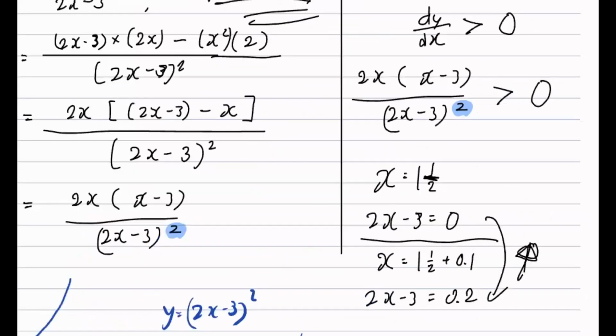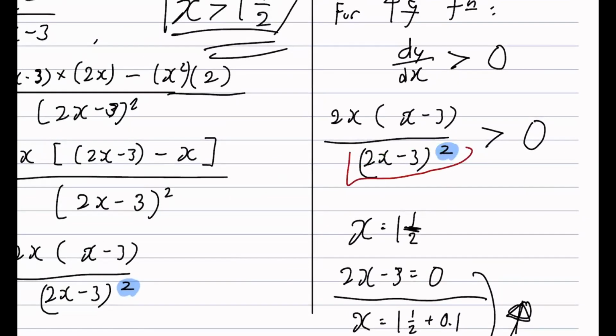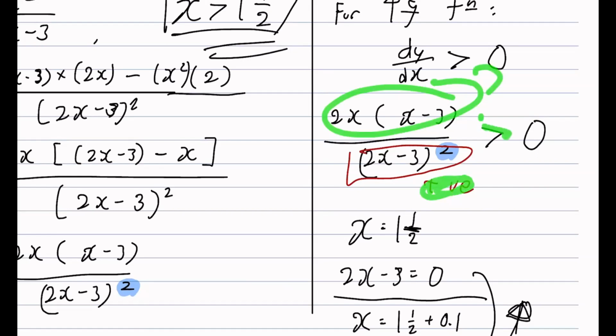So that means the denominator is really just positive. You've got question mark over positive is more than 0. What do you think is the question mark? Negative over negative gives you positive. Positive over positive gives you positive. Those are the only two cases that will give you positive. The denominator here is positive, so what is the numerator? Can it be negative? It must be positive as well.